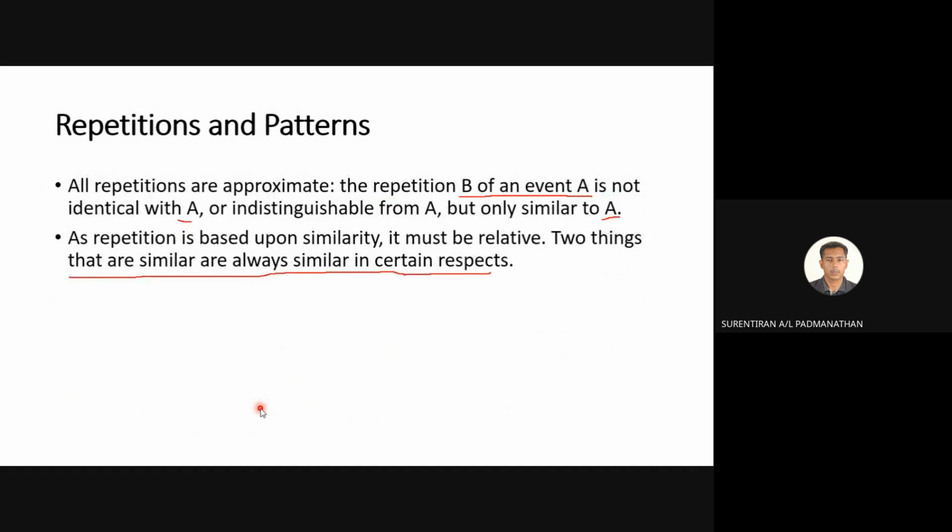So all repetitions are approximate. The repetition b of an event a is not identical with a, or indistinguishable from a, but only similar to a. As a repetition based upon similarity, it must be relative.